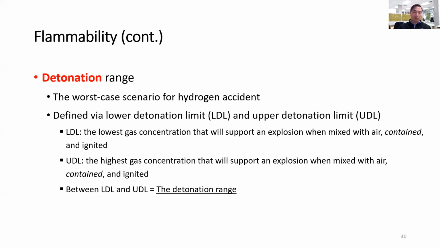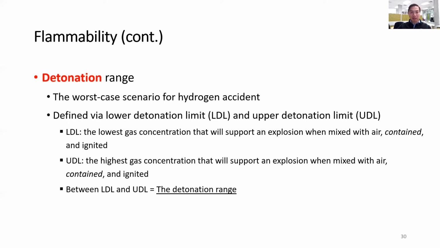The lower detonation limit is the lowest gas concentration that will support an explosion when mixed with air, contained and ignited. Now, the key point here is contain. We're not just supporting the flame, but the flame is contained and leads to a detonation phenomenon. Any value between the lower and upper detonation limit forms the detonation range.